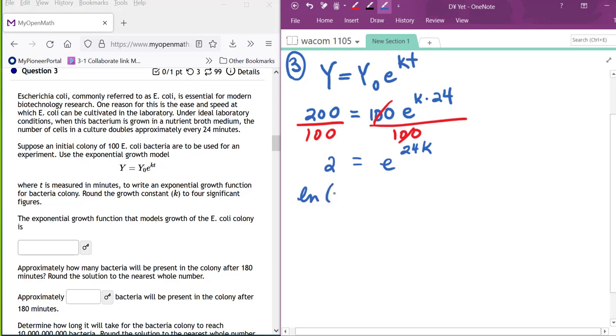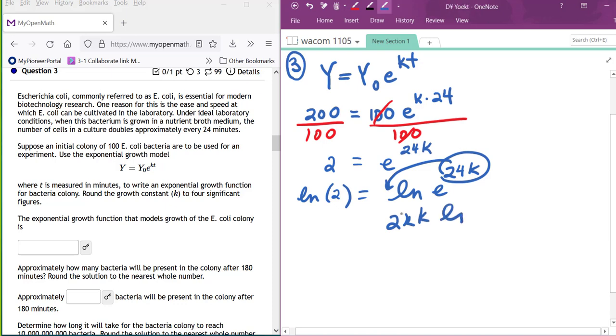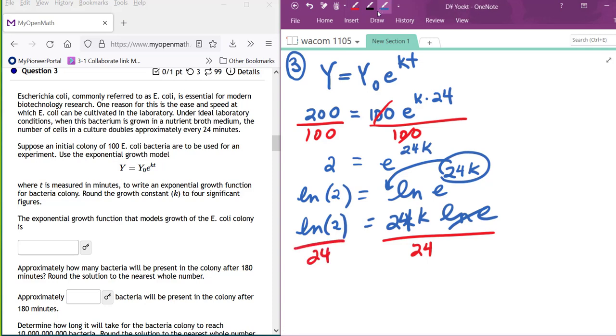So we're going to have the ln of 2 equals the ln of e to the 24k, which makes this come down. This is 1. So I didn't punch ln of 2 in yet. I'm going to wait and do the division with it in the same step. So now we will divide out the 24 to get the k.